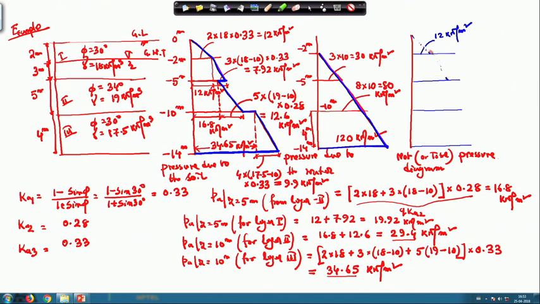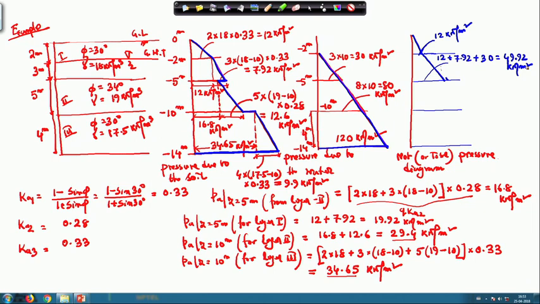I am just reducing this value because there is a space restriction, so I am reducing the dimension. So, this one is the 14, then it will increase. So, this value is nothing but you add all the values: this is 12 plus 7.92 plus this 30. So, this value is equal to 49.92 kilonewton per meter square. Okay.